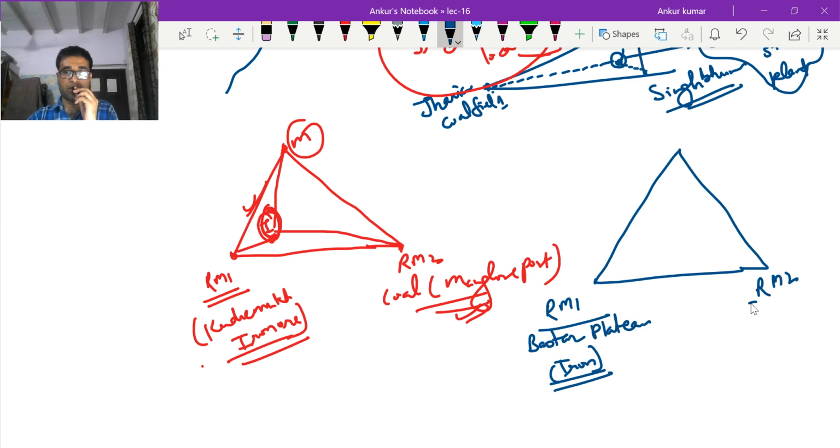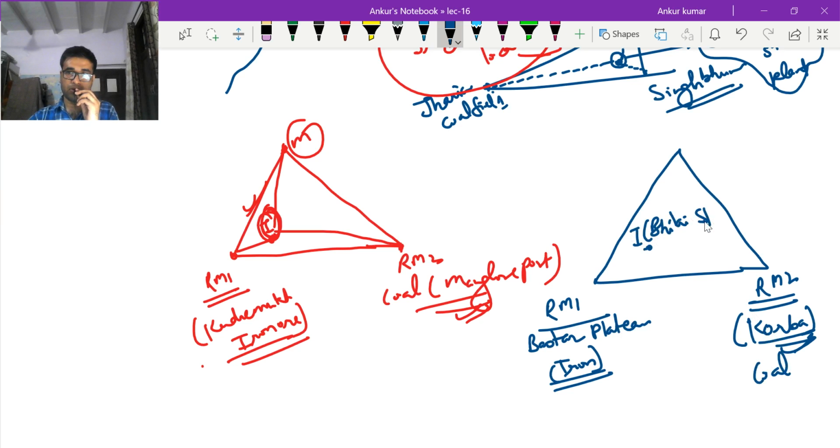And raw material 2 center is the coal, and the coal is taken from the Durg mines, sorry, not Durg, Korba. This is coal center, okay. And industry has established close to the iron ore, that is here, and it is the Bhilai steel plant, right?